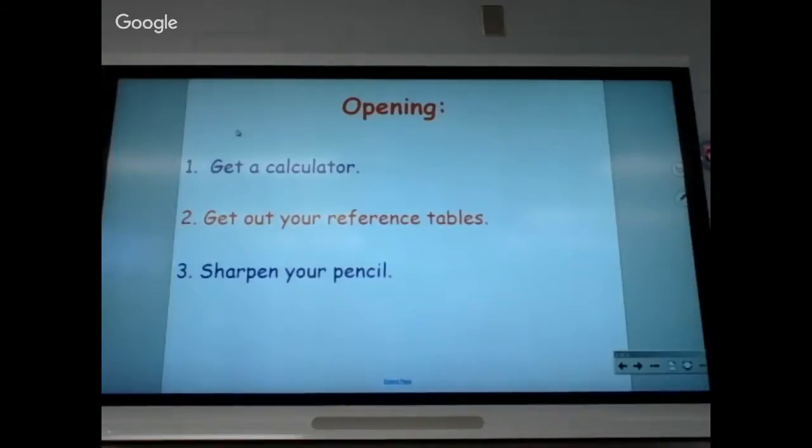So that means it's going down. Oh, Epsom.